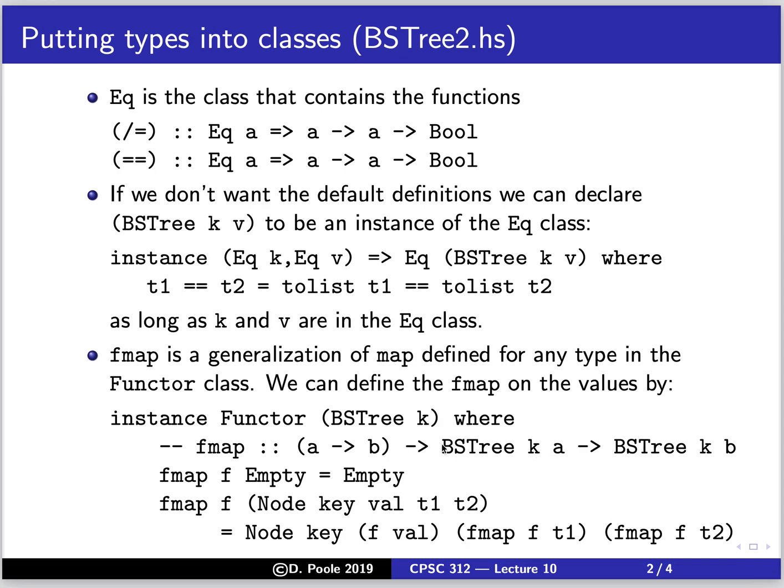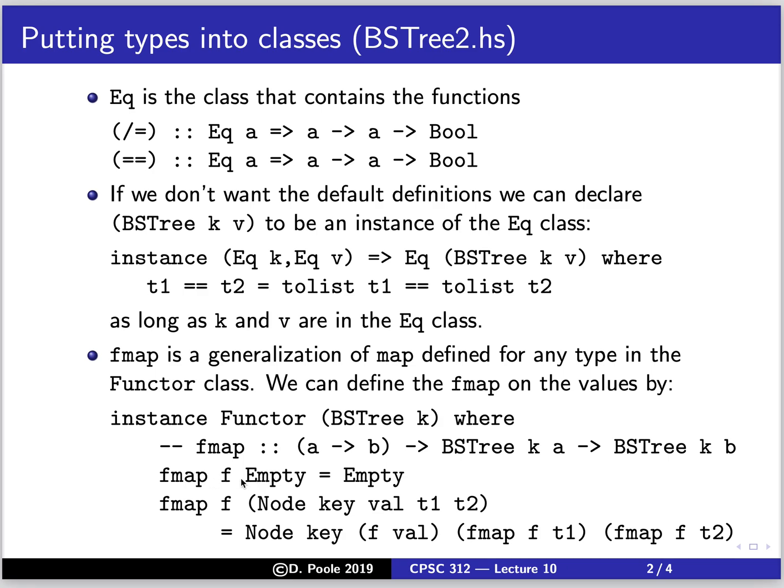So now we say it takes a function from A to B, and a BST with key type K and value type A, and it's going to return a binary search tree with key type K and value type B.